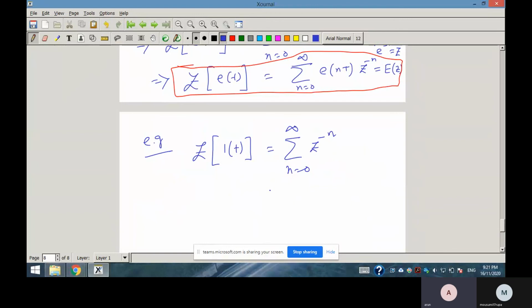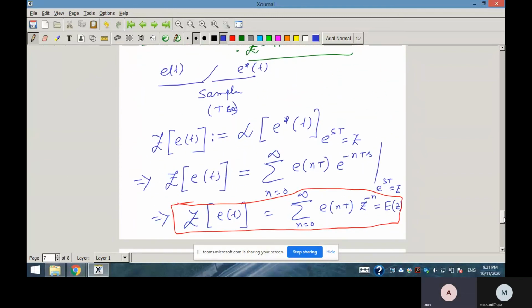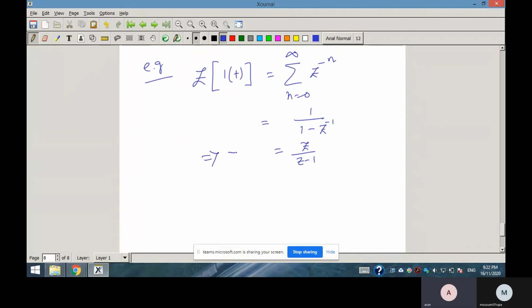So this is equal to 1 by 1 minus z inverse, which is equal to z by z minus 1. So the Z transform of 1(t) is this one.